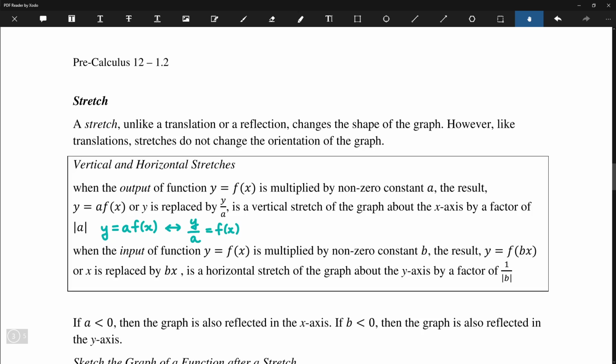The best way to look at how it works is to actually look at some graphs. But once again, this statement is about what happens if a or b were negative, and that is the graph will also be reflected in the x or y-axis respectively.